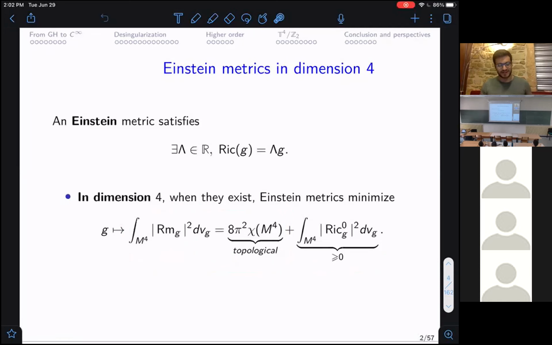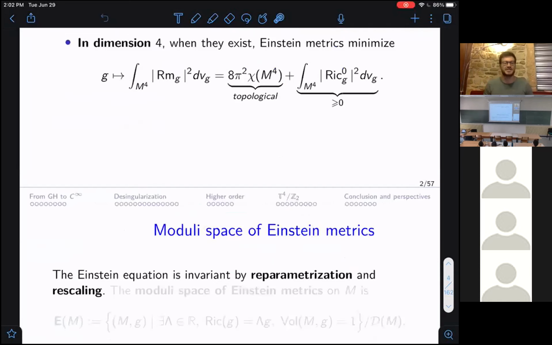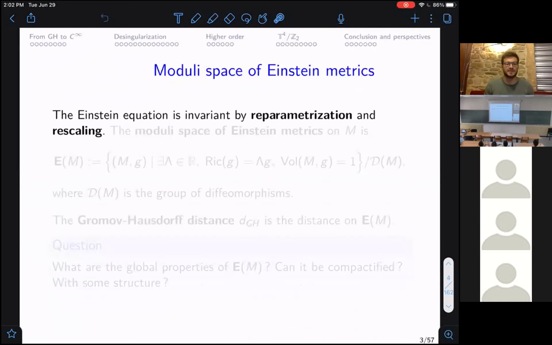So we have a nice equation, the Einstein equation, and we want to understand the set of solutions.